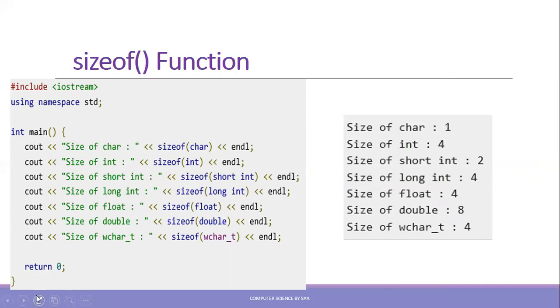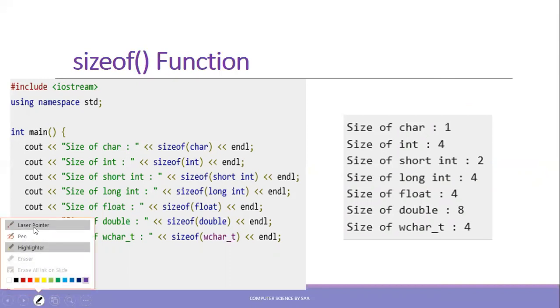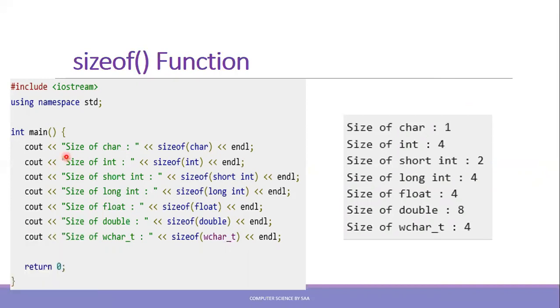Here, it is a very simple program just to show the demonstration of the sizeof function. Cout sizeof character, and here we have used the sizeof function. We have used the reserved word sizeof, and within brackets we have mentioned the data type for character.